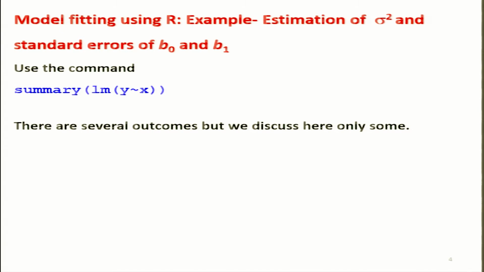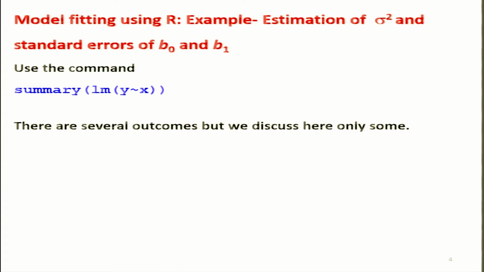Now the first question comes. First, I will show you how these things are obtained in R software. I will use the same data that I used in the earlier lecture, where we had obtained 20 observations on students, their marks and the number of hours they study.